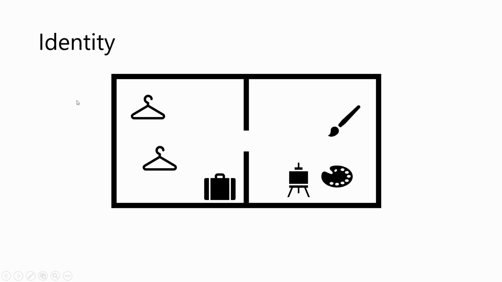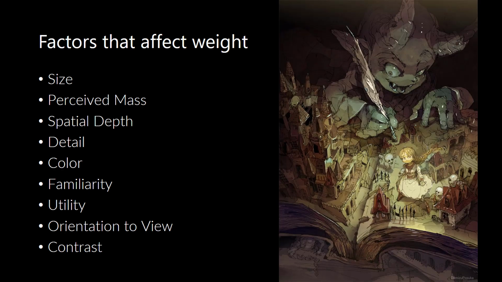And really, this comes down a lot to how we talked about weight in image or point of view composition. So when we're talking about spatial composition, this weight definitely comes into play.